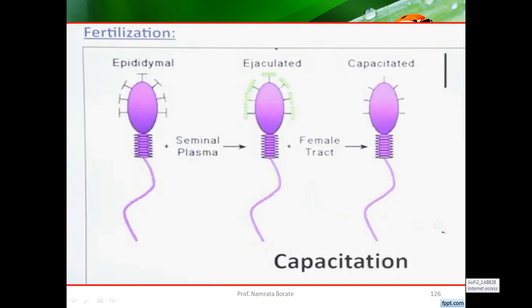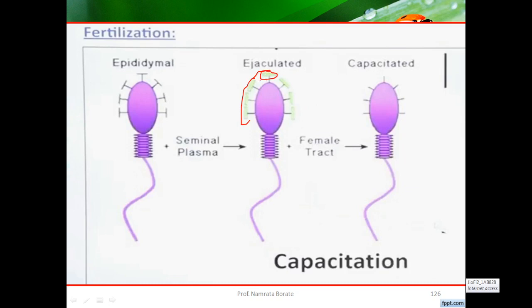This image indicates the phenomenon of capacitation. When the sperm is present in the epididymal region, there is some structure around the head region of the sperm. When the sperm is ejaculated, this structure becomes thick. You can see the outer structure present around the sperm head.